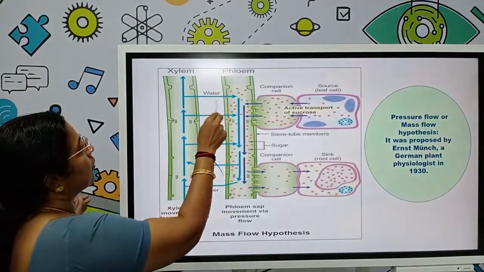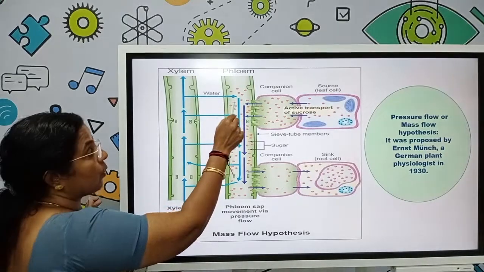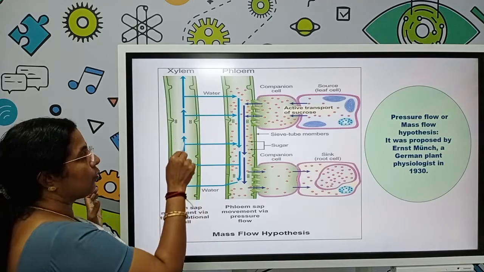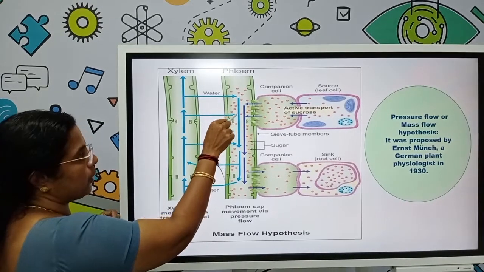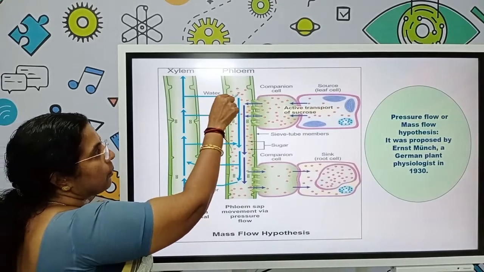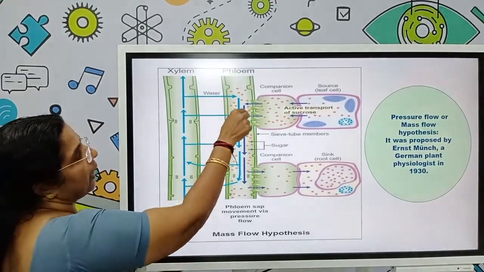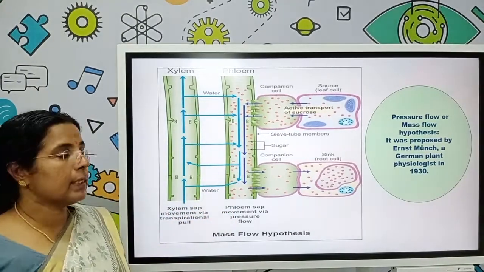Once the solute concentration of sucrose is higher here, water will move from the neighboring cells and also from the xylem tissues, and it will be loaded into the phloem tissues. So then automatically the food will be moved from that source to the sink where the food is needed.